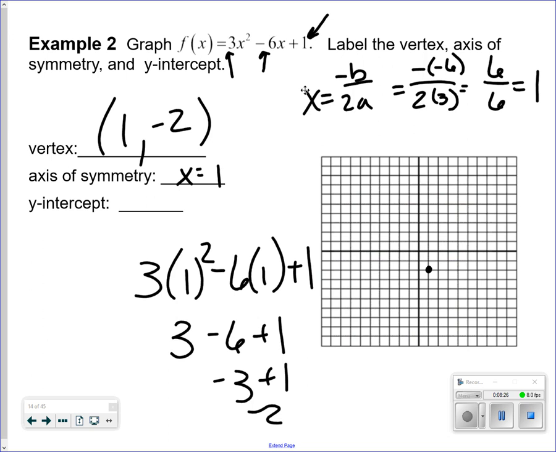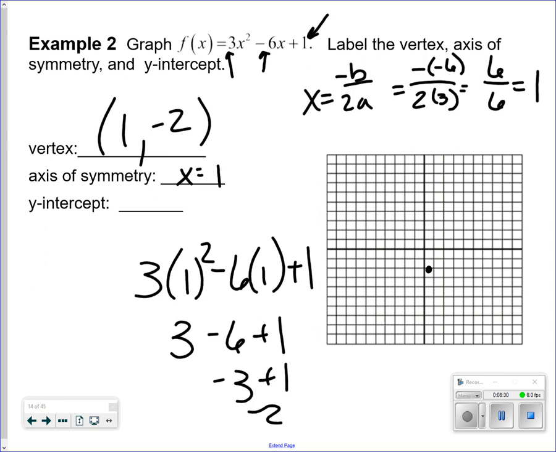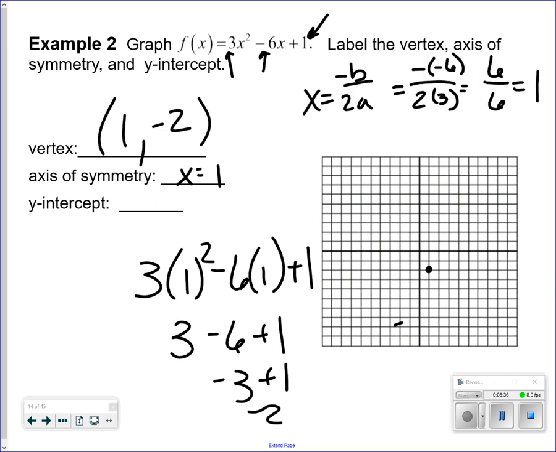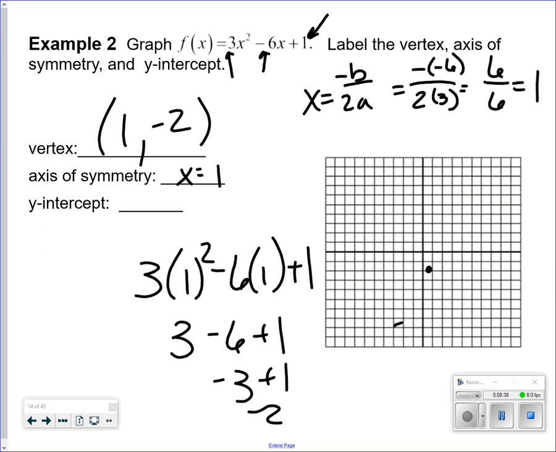So if I go over 1, I would go up 3. Sorry, my board is having some issues here. Give me 1 second. There we go. So over 1, up 3. Over 2, 4a would be up 12.